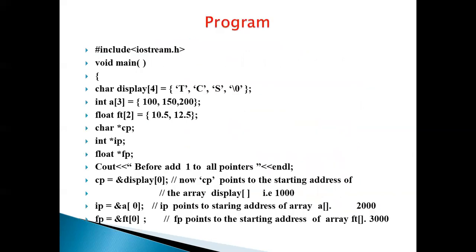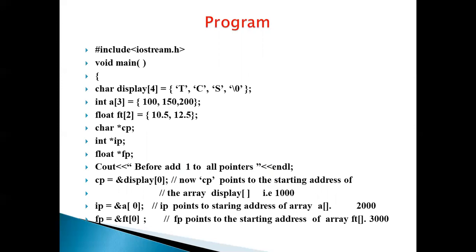Program. In this program, there are 3 arrays: one character array display, one integer array A, and one float array FT. In the character array, 3 characters are stored, T, C, S, and the character array should be ended with a null character. You already studied in C, C++, right? All character arrays should be ended with a null character.